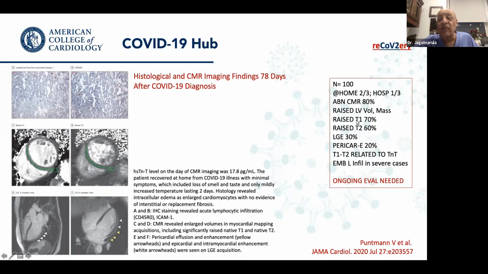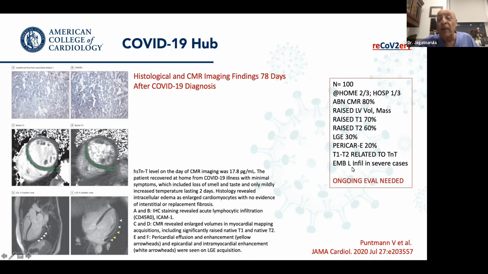There were raised T1 times in 70% and raised T2 times in 60%, the T1 suggesting an increased extracellular volume and the T2 suggesting the presence of edema. Late gadolinium enhancement, suggesting early fibrosis, was present in about 30% of cases. Pericardial enhancement was seen in about 20%. The T1 and T2 were clearly related to the troponin leak which occurred at the time of acute infection.